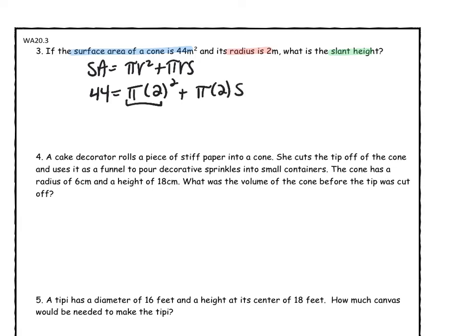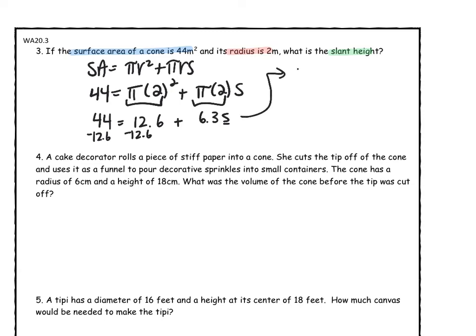Okay, we're going to take our calculator and turn those two things into numbers. So that gives me 44 is equal to 12.6 plus 6.3 s. Just for the record, I hate the variable s. I get it confused with a 5 all the time. So I'm going to subtract 12.6 from both sides. So 44 take away 12.6 gives me 31.4.